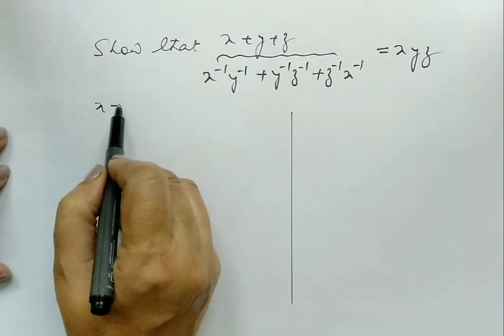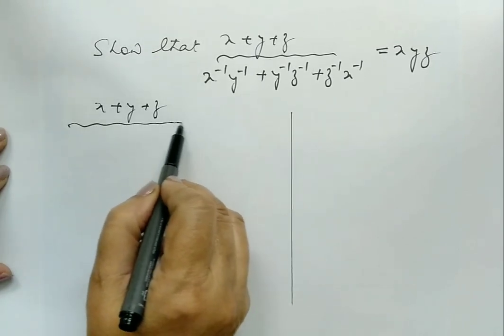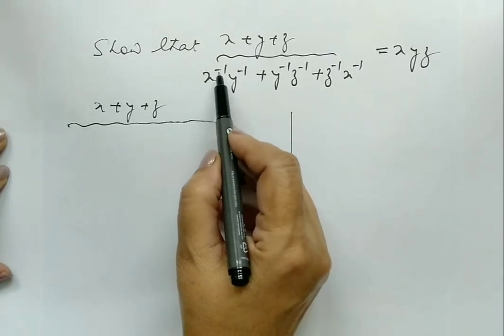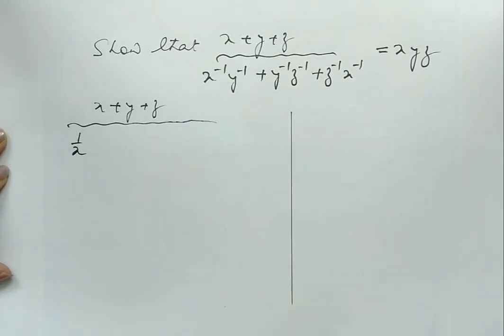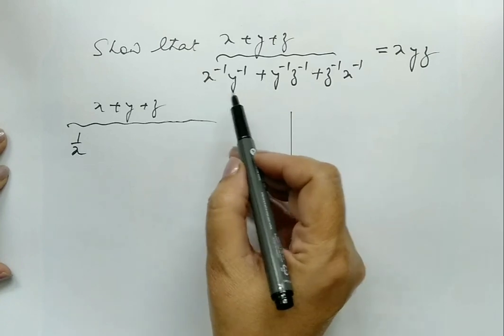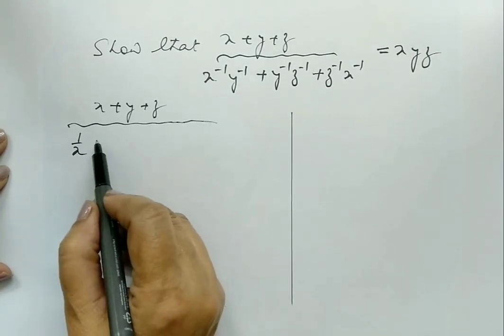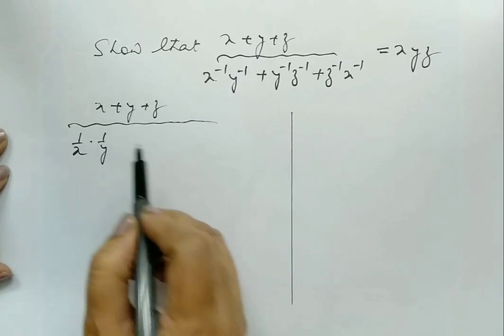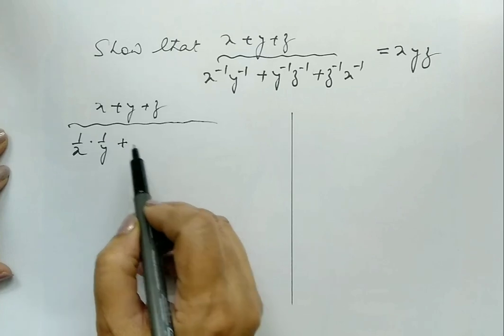So x plus y plus z, x to the power of minus 1 can be written as 1 upon x. This multiplied by y to the power of minus 1 can also be written as 1 upon y. There's a plus sign here, remember guys.